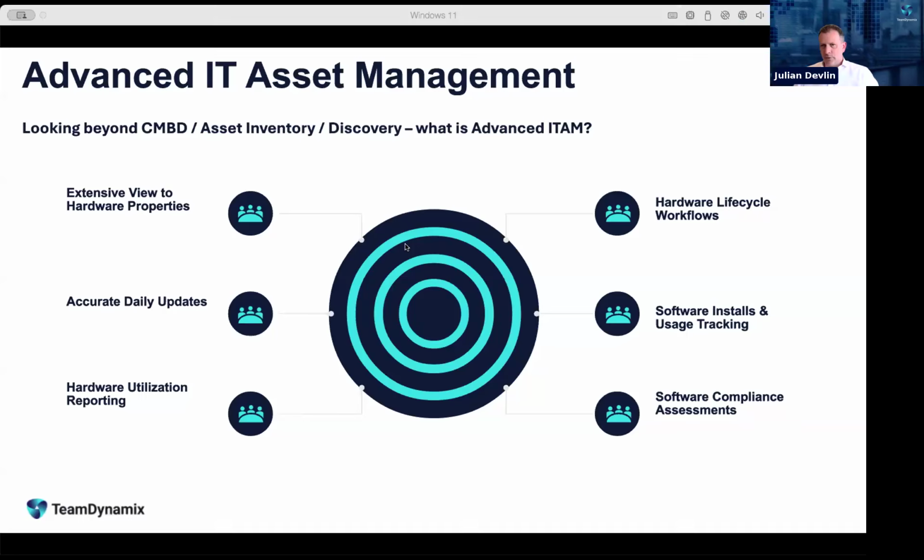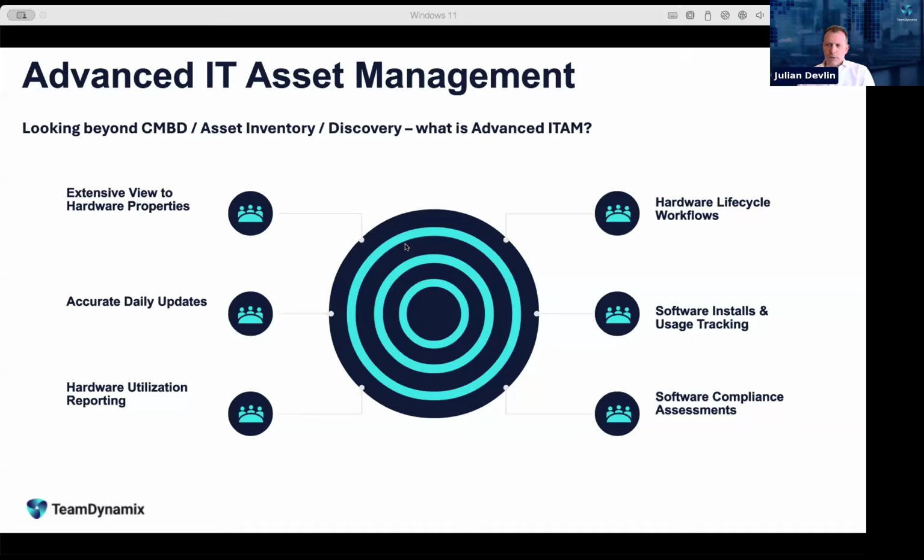Accurate daily updates is another good one too, because with a lot of discovery tools, you may come up with an initial data set, even make it available within your ITSM, and then it's just an idea that at some point in the past, we think that something existed with certain properties. But it's important to update that every day.